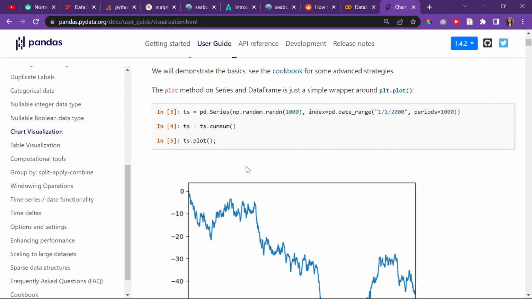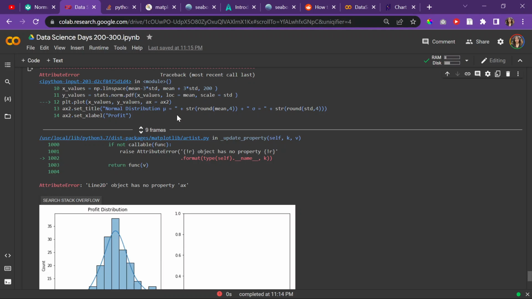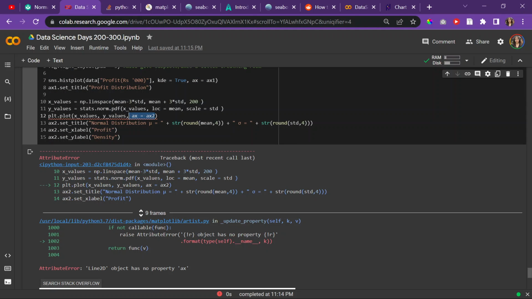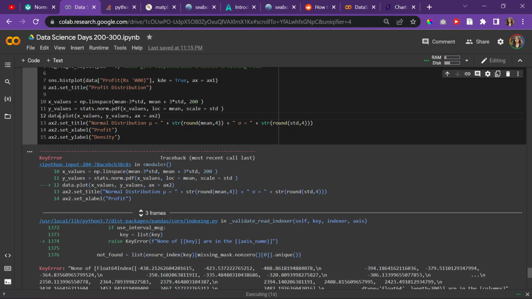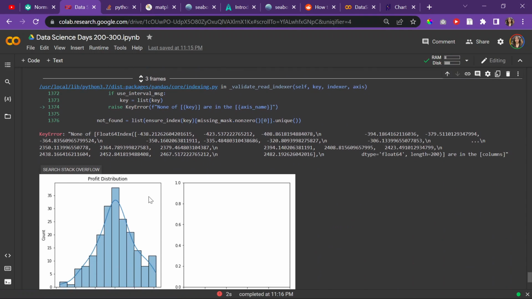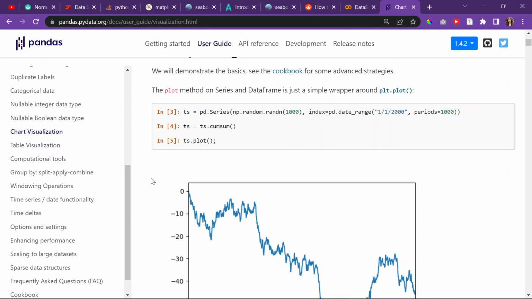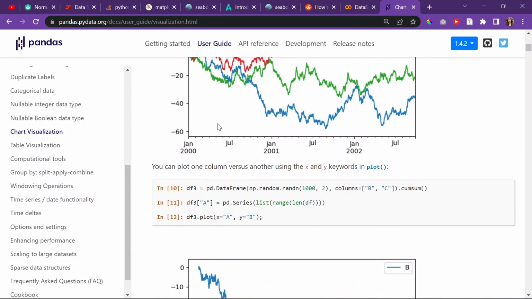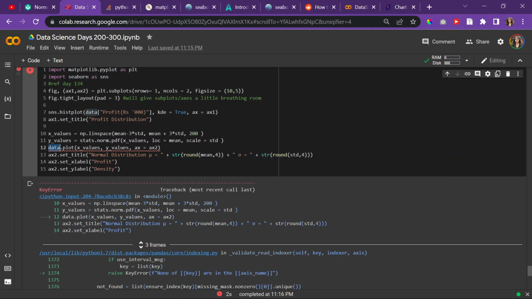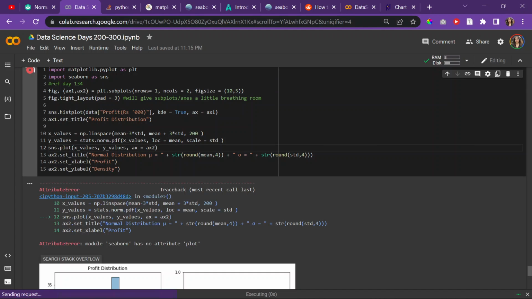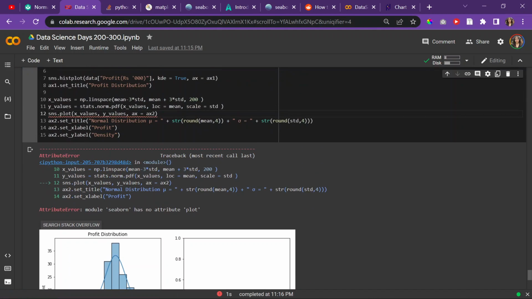Oh, pandas does have a plot function, so hopefully maybe it has the ax thing. What if I do data.plot? Oh my god, so bad. Why does this have to happen? How do I plot this? What if I do SNS? I don't think Seaborn has a plot. Yeah, no, it doesn't.